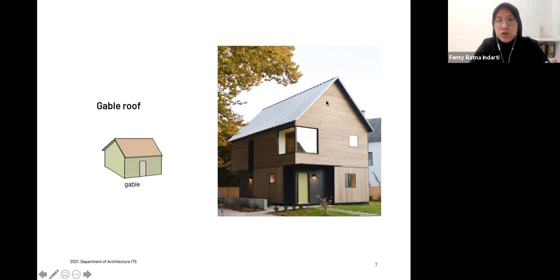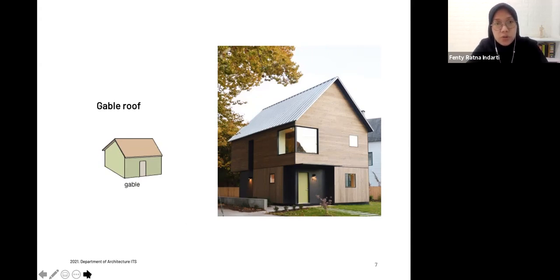Even though they don't show it, for example, in this image, the roof is protruding from the gable. The gable is located here. But nowadays, we are trying to create that image of gable roof, and then use another roof inside it. So there are so many expressions on this gable roof nowadays. It becomes more popular, and it gains, I think, popularity amongst young people who want to build their new home.